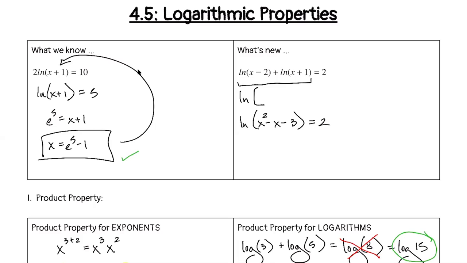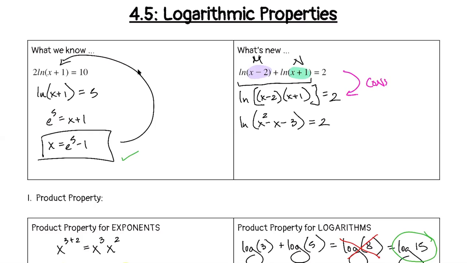So we've got this, which is kind of like our M. And we've got this, which is kind of like our N. So when we multiply that, we have x minus 2 times x plus 1 equals 2. And look at what we did right here.